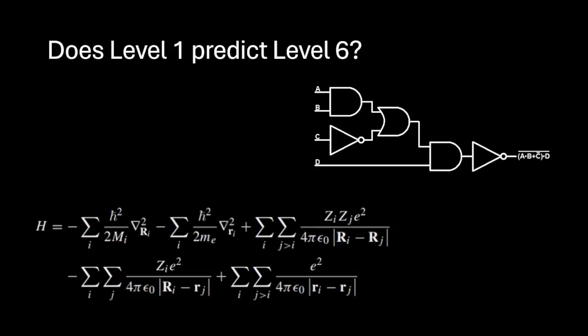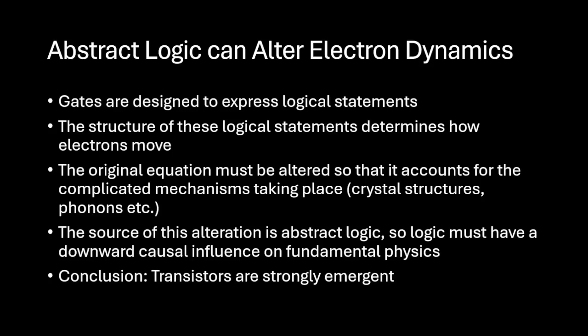Now, the question we want to ask is, could I just use the electron equation at level 1 to determine what's going to happen to the electrons in these transistors at level 6? And the answer is no, because abstract logic, which we've created using the design of these logic gates, is influencing the electron dynamics.